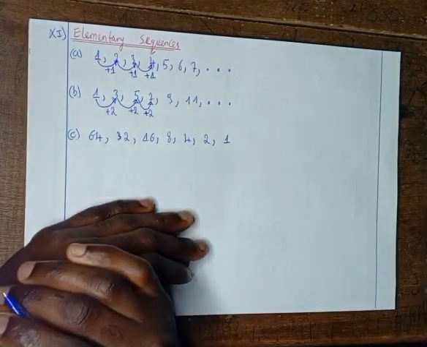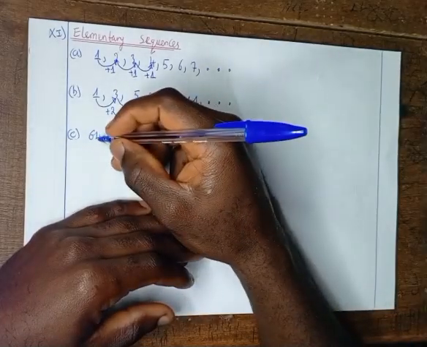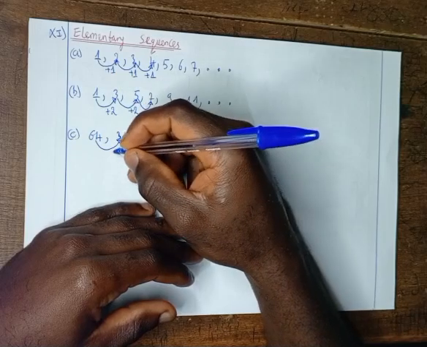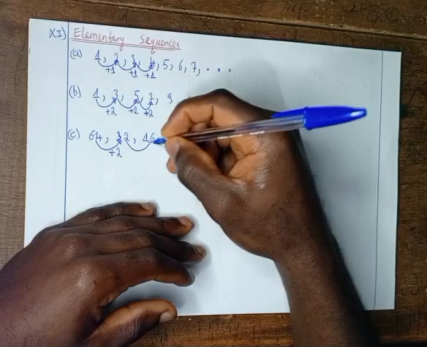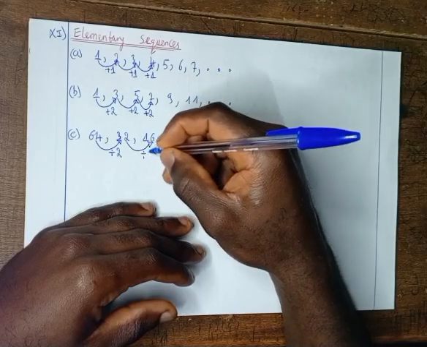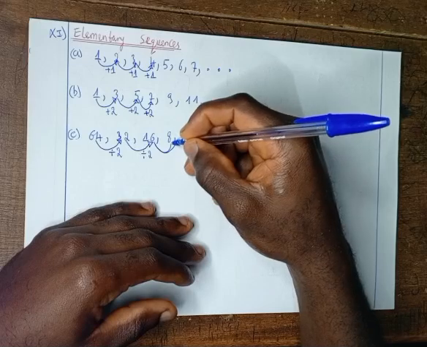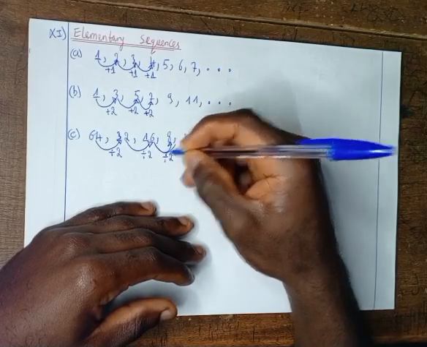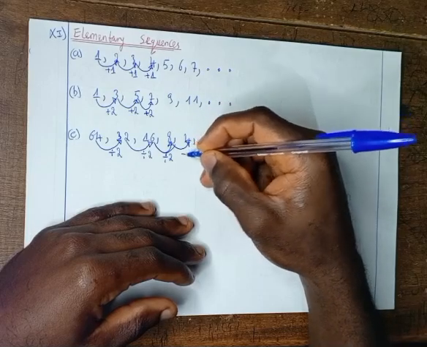In this case, this 1 does not end with 3 dots. Here you see that from 64, for us to get 32, that means we are dividing by 2. Divide by 2. Divide by 2 to get the number 8. So in this case, the rule is simply division by 2.